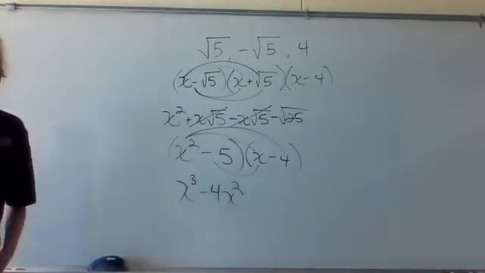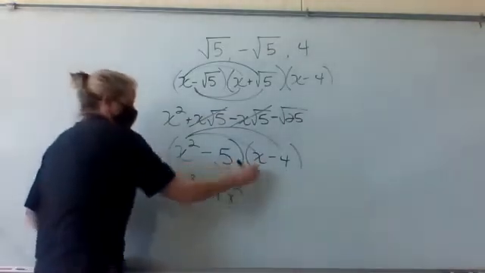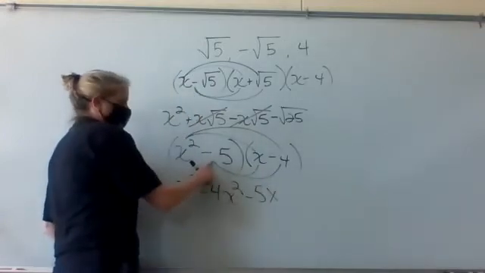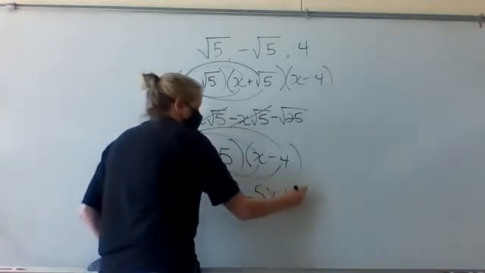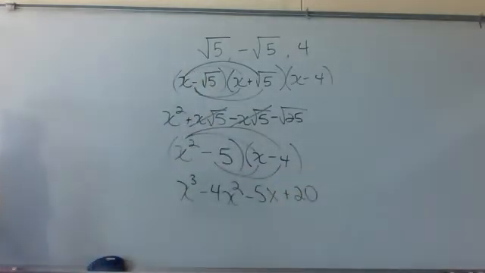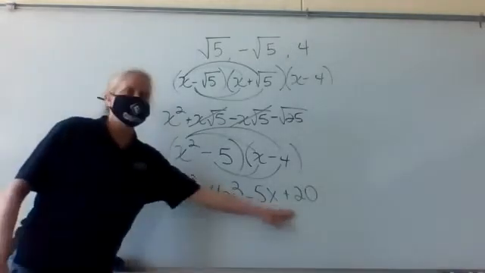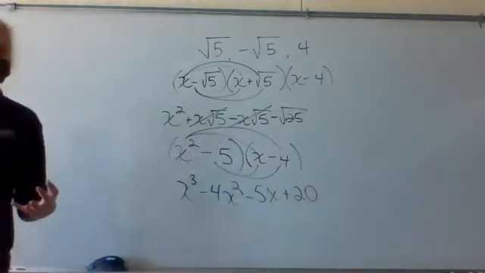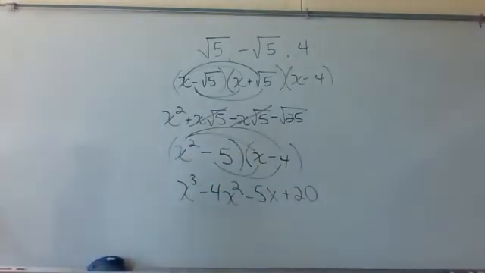My inner, negative 5 times x is negative 5x. And my last, negative times a negative, turns that into positive 20. So when I look at these four terms, everybody's in the right order, and nobody even combines, right? So that's as far as that one can go, because none of those terms have the same exponents. So none of them are like terms.